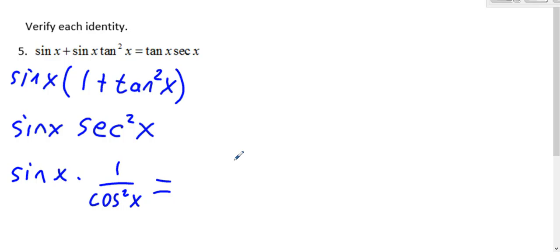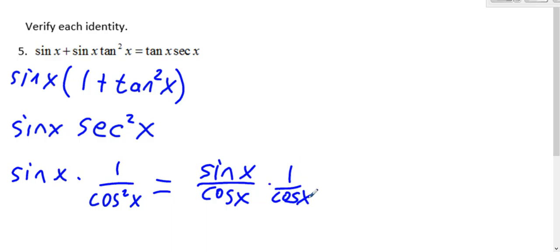So if we kind of rearrange that a little bit, we could say sine x over cosine times 1 over cosine. And sine over cosine is tangent. And 1 over cosine is secant. Done.